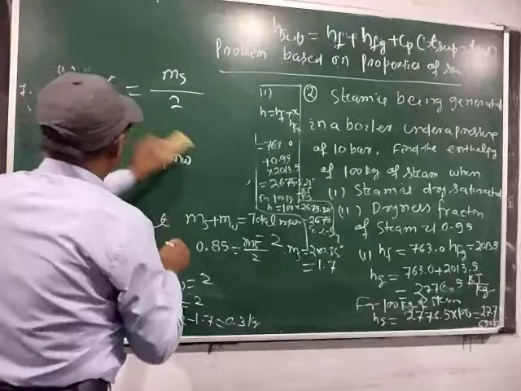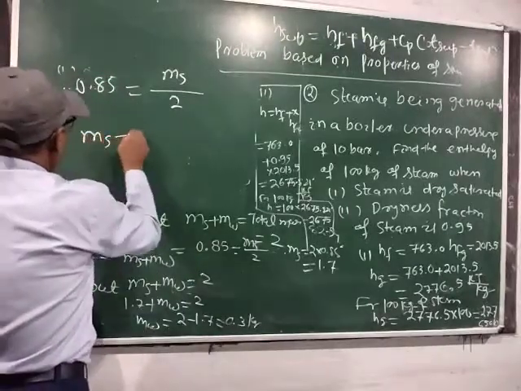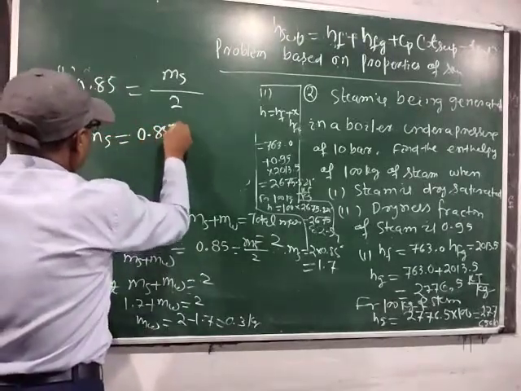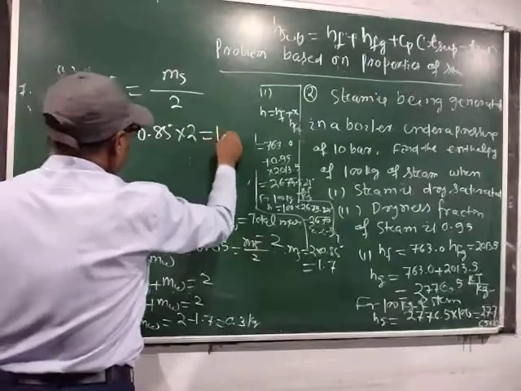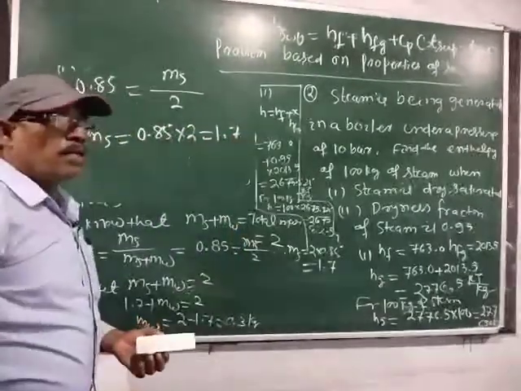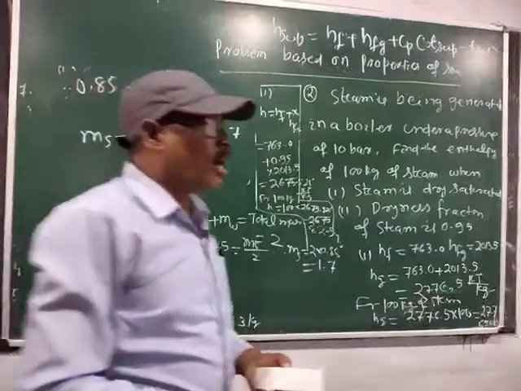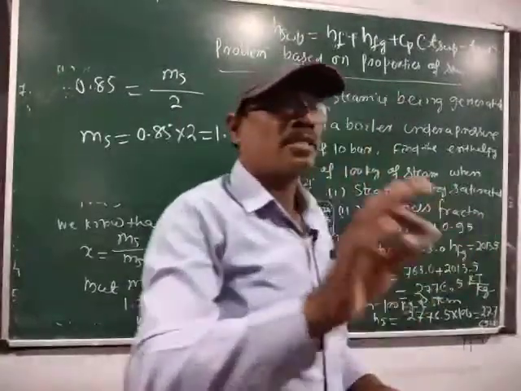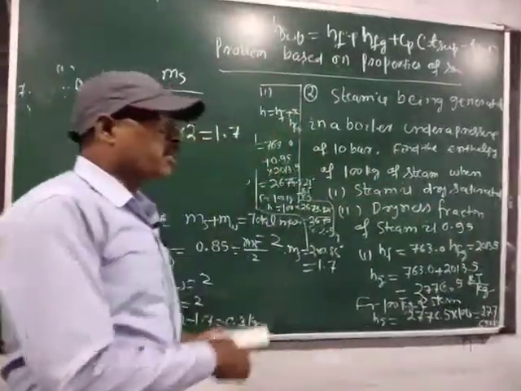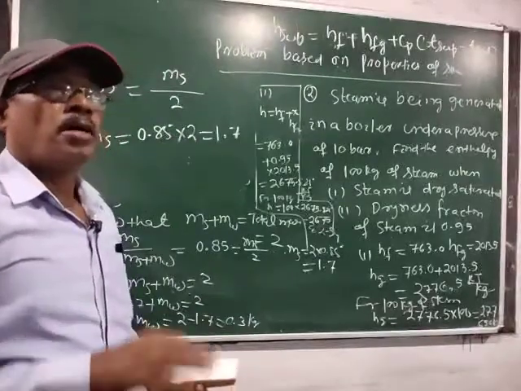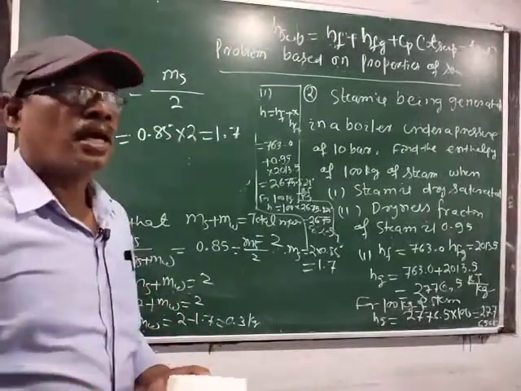Therefore, Ms is equal to 0.85 into 2 is equal to 1.7. That means mass of dry steam is equal to 1.7 kg. But in our question, find out mass of water particles in kg.